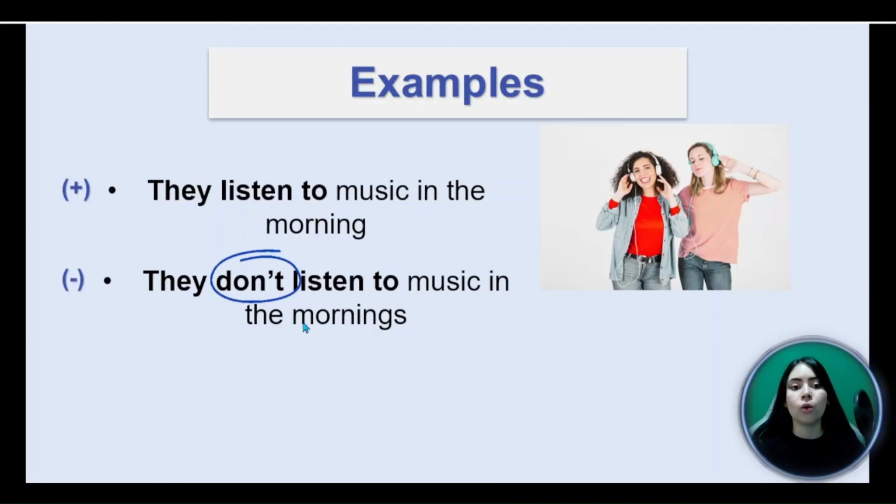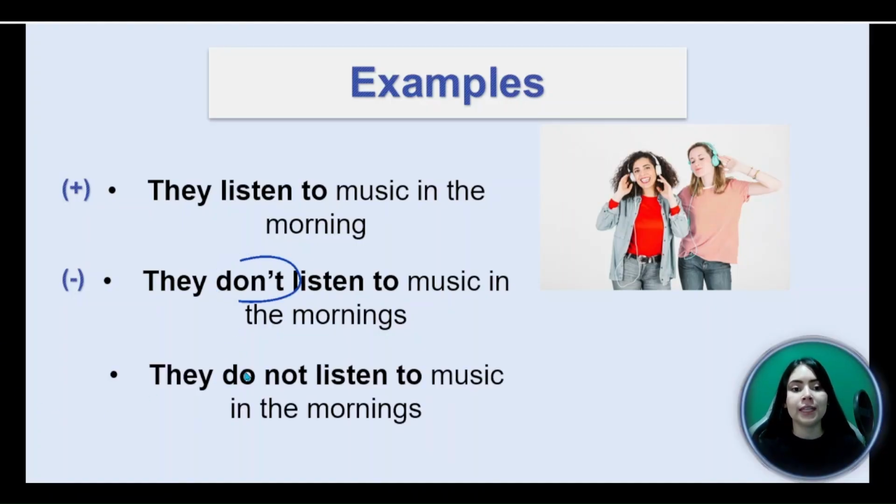This is the auxiliary for the negation. We have another option. The other option is saying the complete form. They do not listen to music in the mornings.